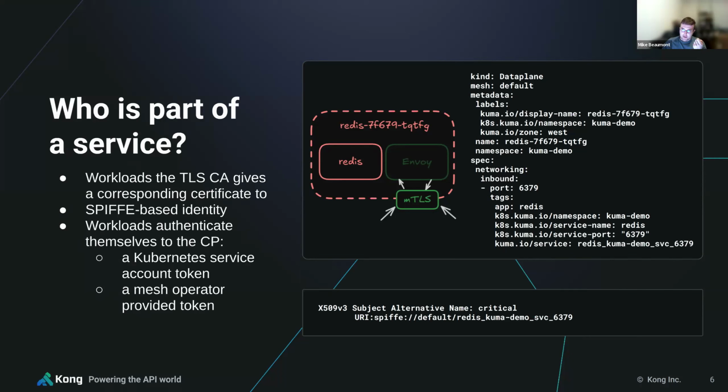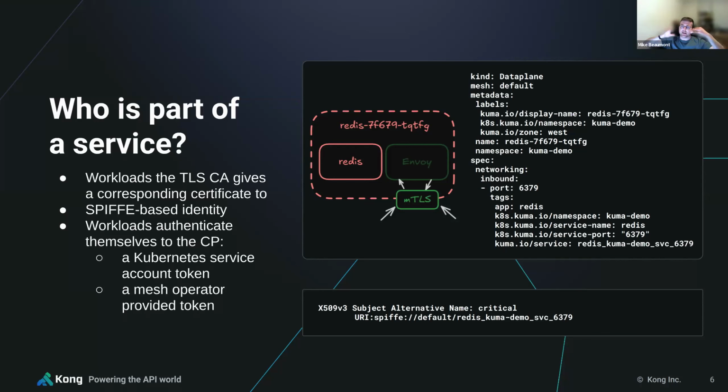In Mesh, you can use Mesh without mTLS, but mTLS is a basic part of Mesh. So we use mTLS to verify both sides of a connection, the client and the server, or the sender and the receiver.